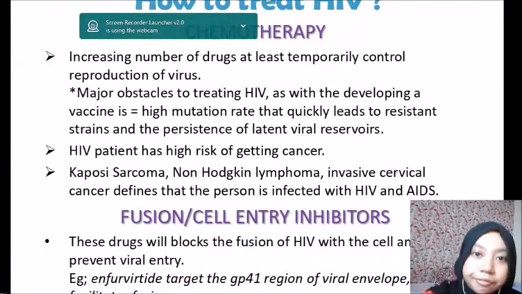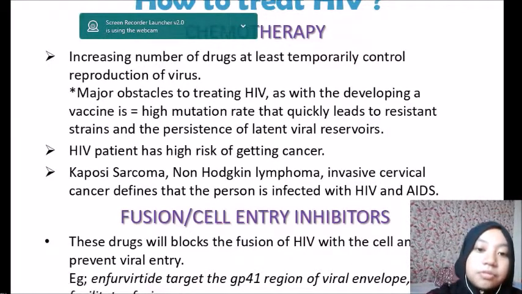GP120 on the envelope of the HIV virus must bind to the CD4 receptor, and then it must bind to the co-receptor CXCR5 or CXCR4. Once the binding is accomplished, GP41 will be exposed, meaning conformational changes occur.